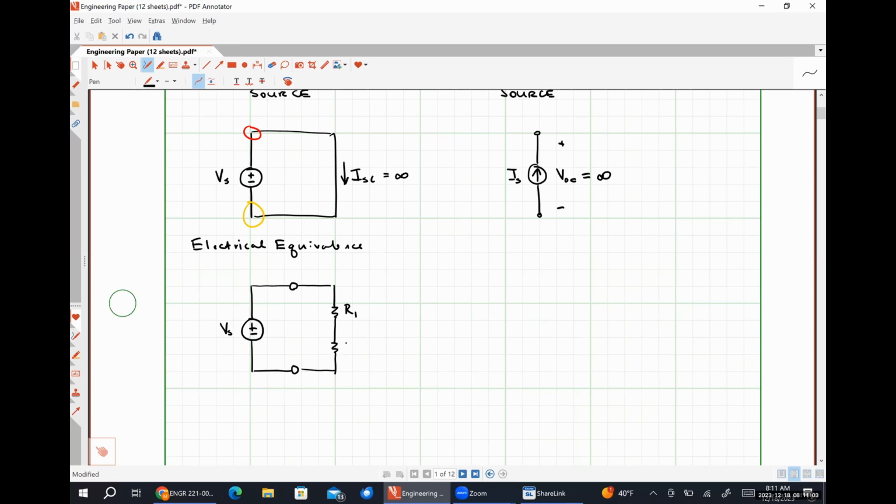Here's my resistor R1. Here's my resistor R2. I'm going to define the voltage drop across this network to be VL and the current flowing through this network to be IL. The circuit over here to the right will be one that is electrically equivalent.